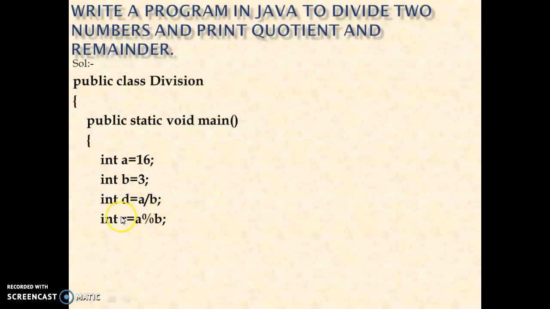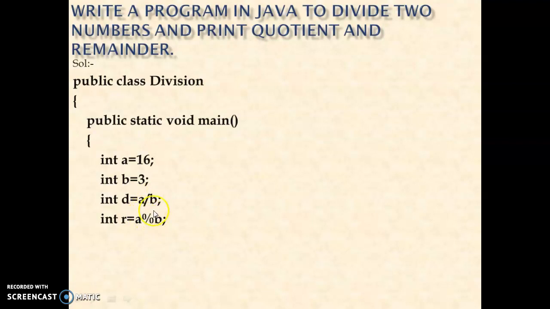We get the remainder here in R. I declare one new variable which is int type, and the name of the variable is R equal to A mod B. Here I give the divide sign, and here I give the mod sign.